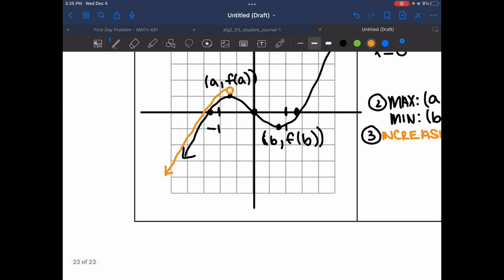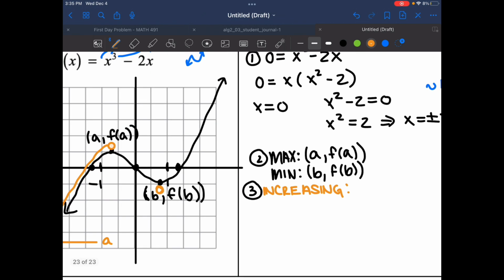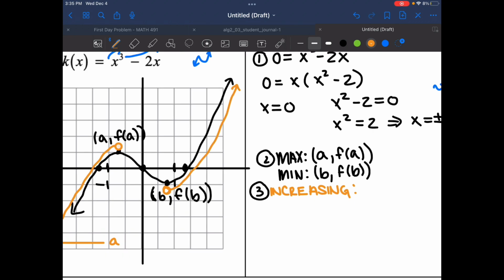And it can go that way forever, right? So I am increasing on the interval of negative infinity all the way until I get to somewhere where a is, right? I'm also increasing when I start at b, right?